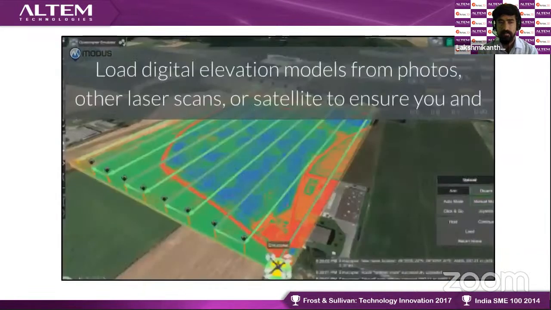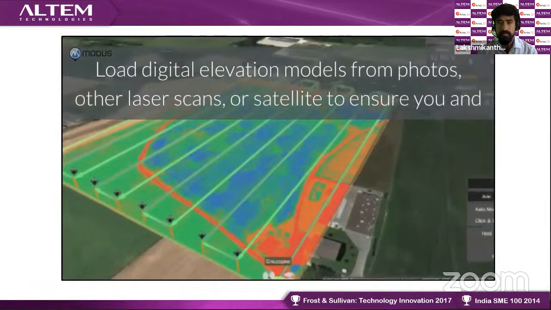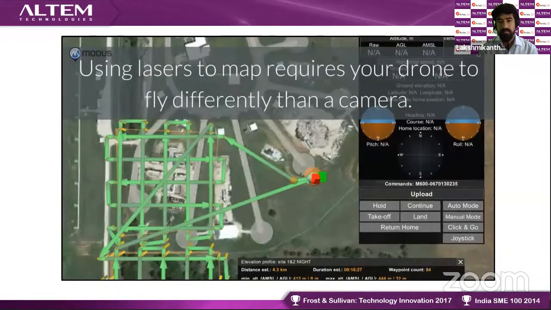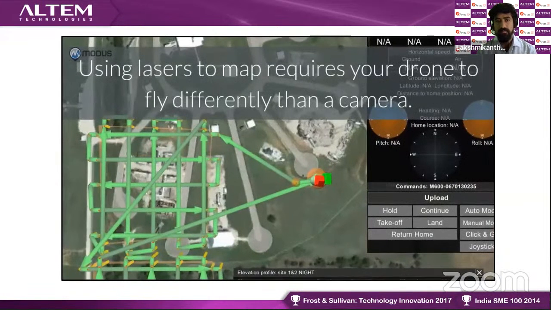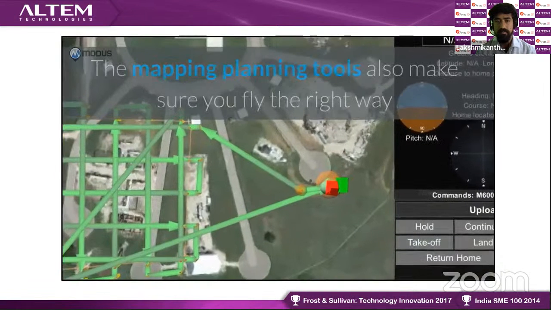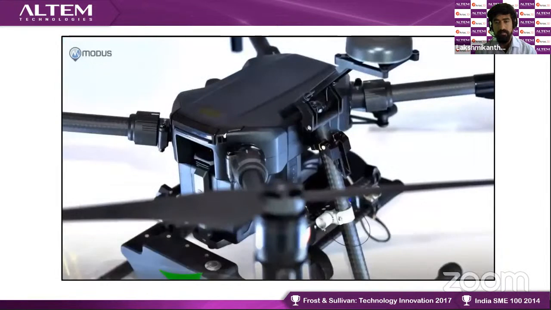Load digital elevation models from photos, other laser scans, or satellite to ensure you and your drone know the ground truth. Using lasers to map requires your drone to fly differently than a camera. The mapping planning tools also make sure you fly the right way and optimize your collection every time.